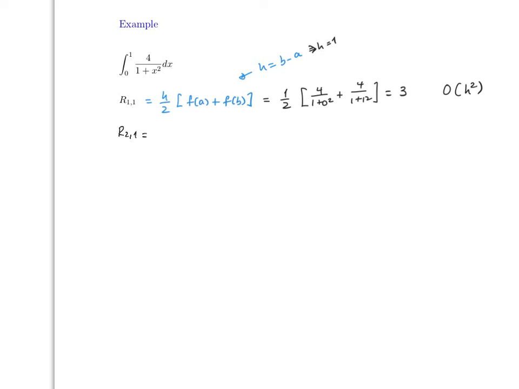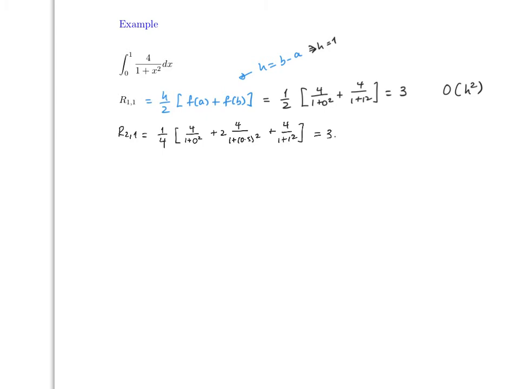R21 will be 1 over 4. And this will now be 4 over 1 plus 0 squared plus 2 times 4 over 1 plus 0.5 squared, and then plus 4 over 1 plus 1 squared.